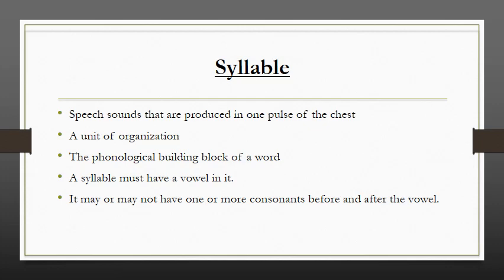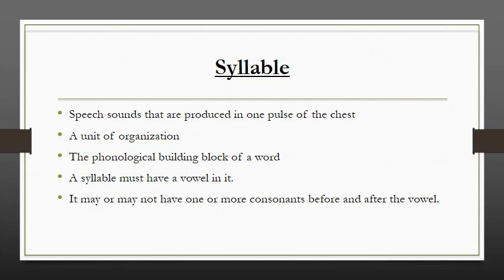The next point is that it is a unit of organization of the speech sounds. We may also call a syllable the phonological building block of a word, because without a syllable, a word could never be constructed. So words get constructed with the help of building blocks like syllables.